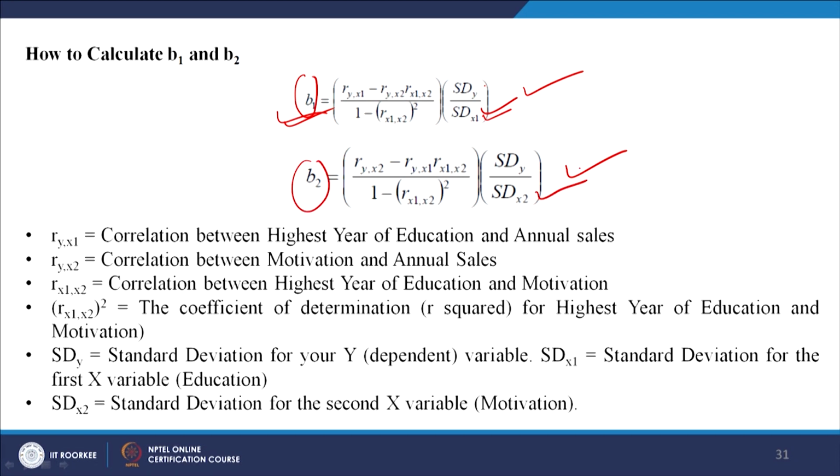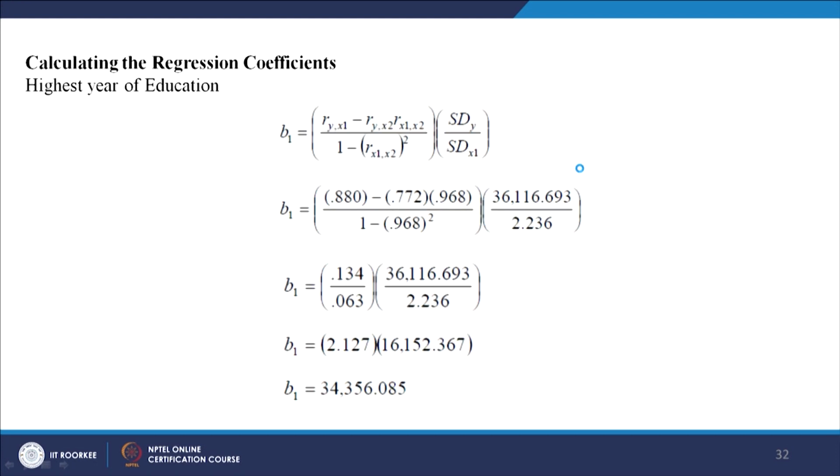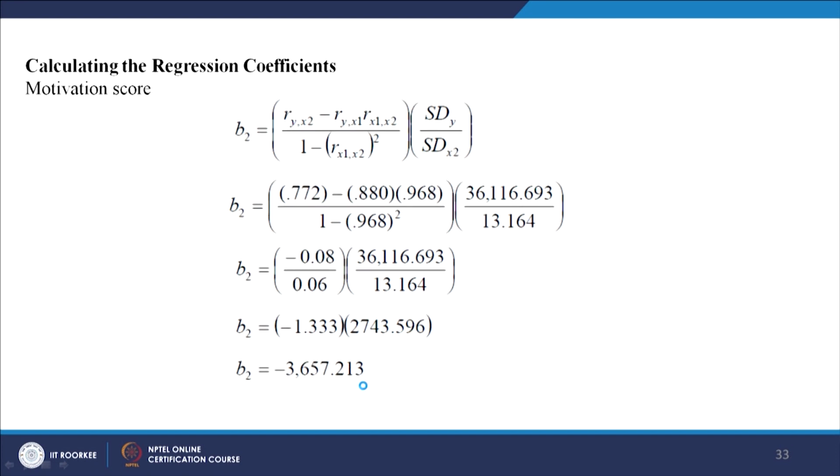So, when we use this formula, this is another way you can do it through the correlation. By putting the values into this formula, B1 we have got is 34,356. Similarly, B2 is minus 3,657.